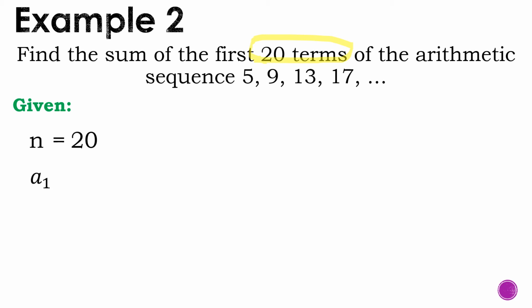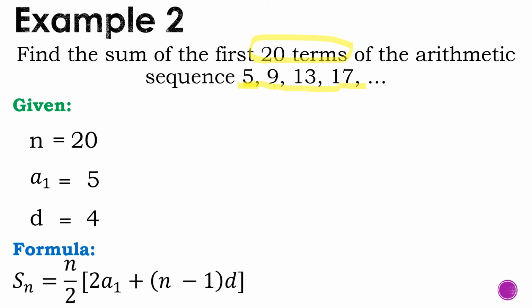Now, a sub 1 given in the problem is equal to 5. And then the common difference, since we have the sequence here, we can easily get it. 9 minus 5 is equal to 4. 13 minus 9 is equal to 4. And so on. So the common difference is 4.